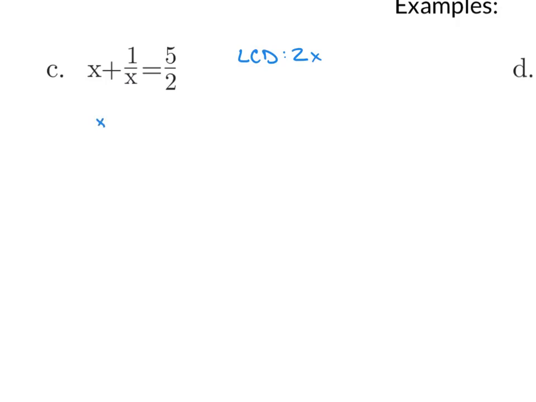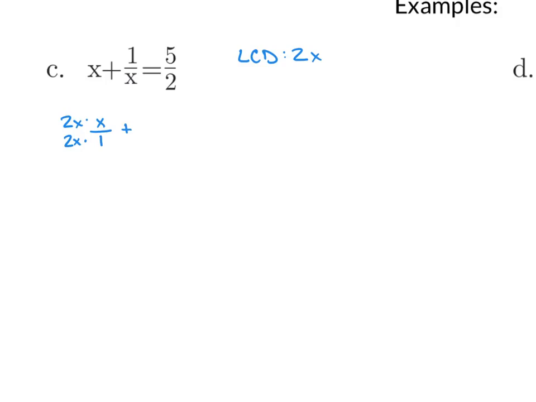So when I do my LCD step, I want to think of this as x over 1. Okay, so first term has a denominator of 1. We need to multiply by 2x to the top and bottom.